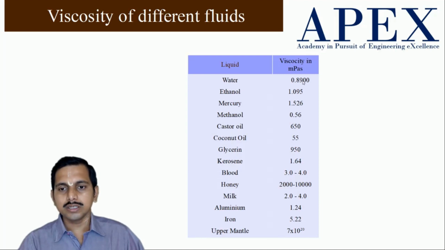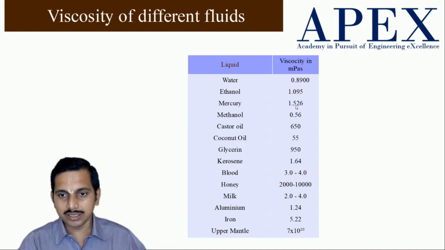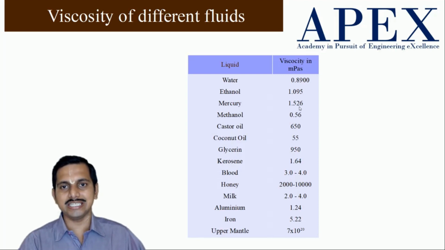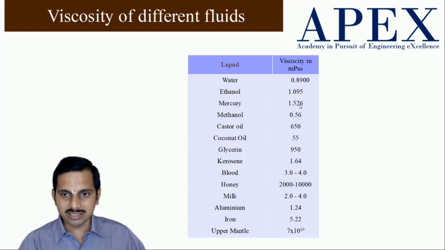Water is 0.89 centipoise or millipascal second. Compared to that, ethanol has more viscosity. Mercury, although it has more density, has viscosity that is almost comparable. So this shows that density and viscosity are two different properties, and the one which is denser may have comparable viscosity.